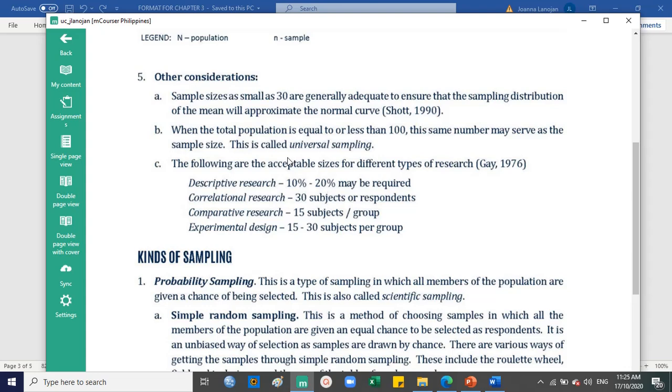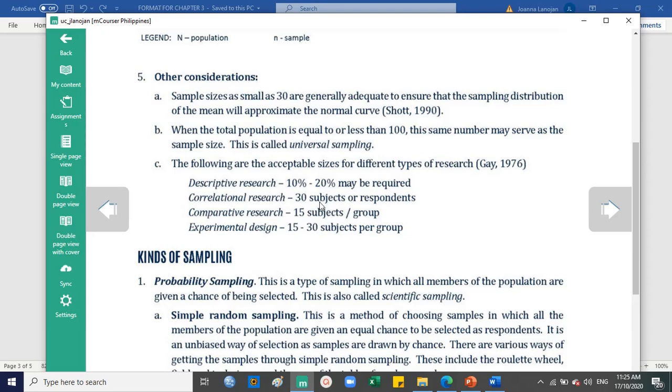It may be acceptable, yes, but it does not mean the results will be as reliable and accurate, because the sample is just 30. So Miss, how are we going to increase the reliability, accuracy, and credibility of our results? The more respondents, the more accurate and credible your results will be.